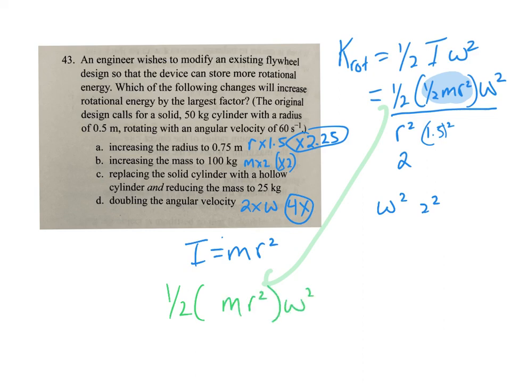But notice that I'm halving the mass as well, so I've got to put that half back in there, and so nothing would happen to the rotational kinetic energy if I did that. I would end up with a rotational kinetic energy that was the same. And so the one that would do the most would be doubling the angular velocity.